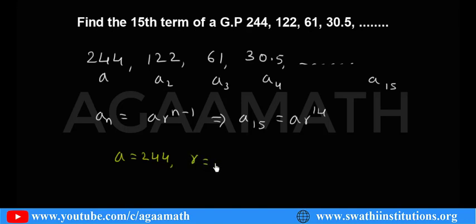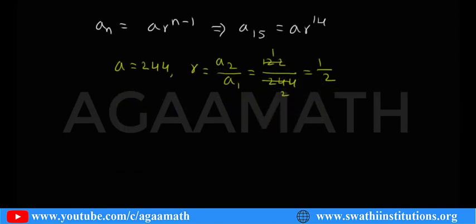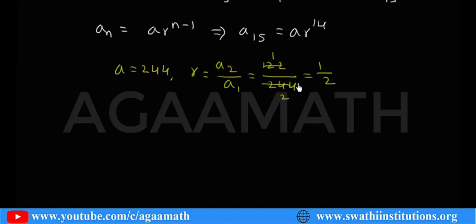What is r? We have to find it: that is a2 by a1. A2 is 122 and a1 is 244. So 122 ones are 122 and 122 twos are 244, so the ratio is 1 by 2. Now we know a and r.